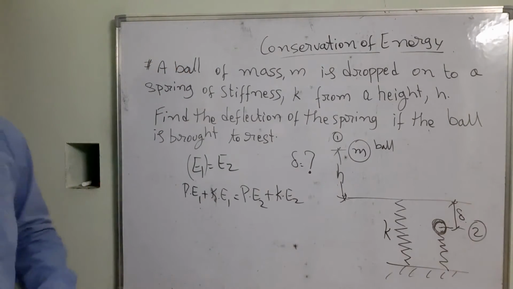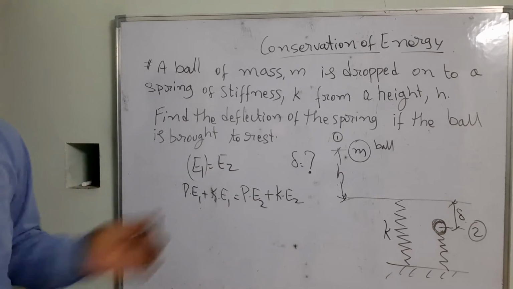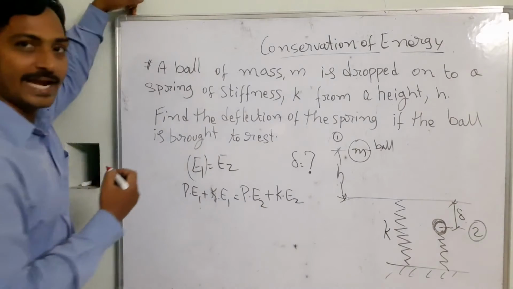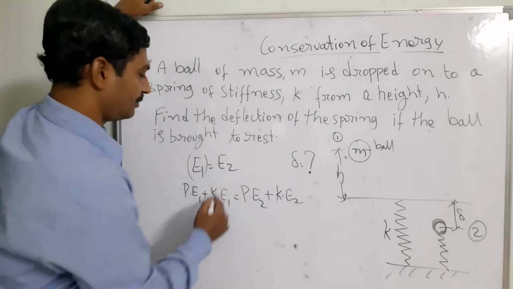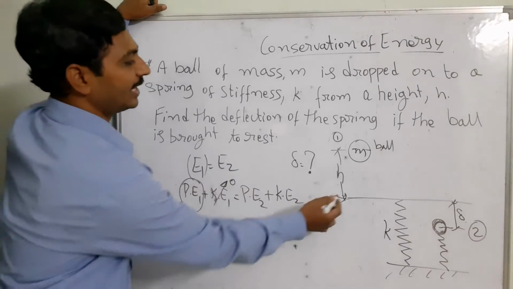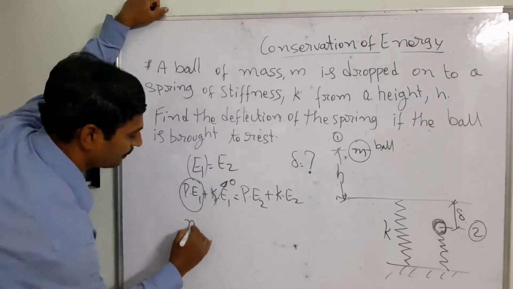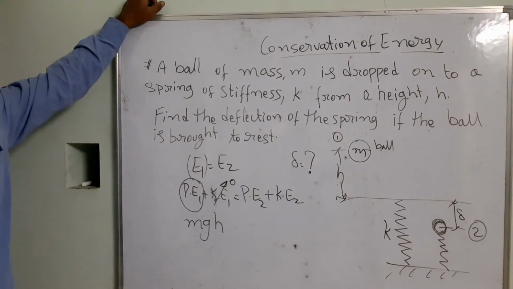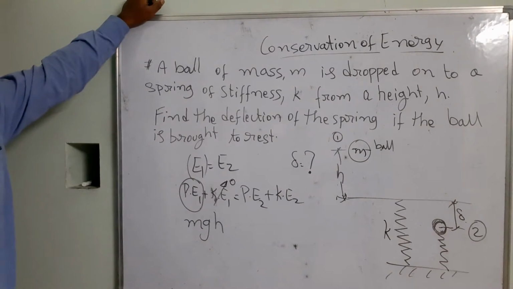Right? So if I write these equations, what am I going to get? At position 1, what is the kinetic energy of that object? It's going to be 0. It possesses only the potential energy, which is mgh. So that is equal to mgh.